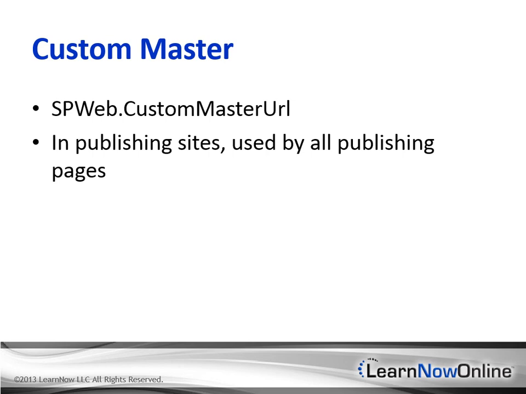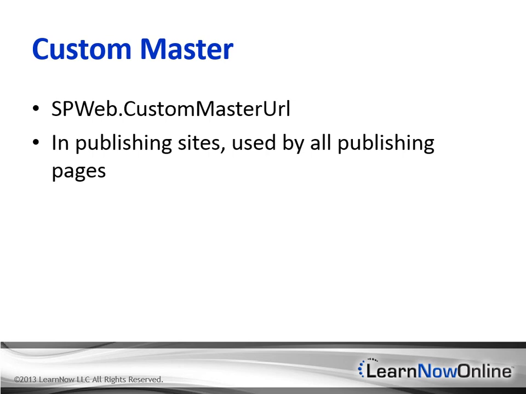What that lets you do is split the master pages up. You can say, for my content pages I want to use this master page, but for all the system pages I want a different one, maybe just the default.master.